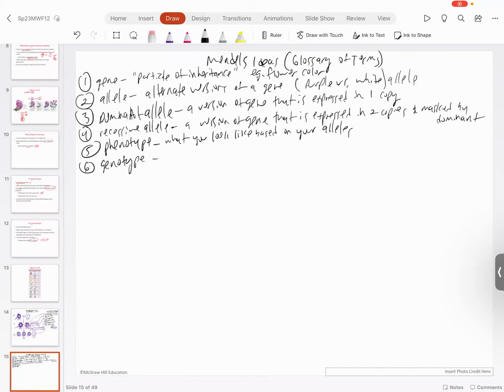Genotype is your allele makeup at a gene. Generally speaking, in a simple world, your genotype has a one-to-one relationship to your phenotype. But in reality, phenotypes are much, much more complicated than that. And that's kind of the reason why we have an entire class on genetics.